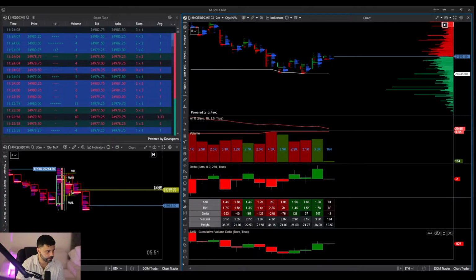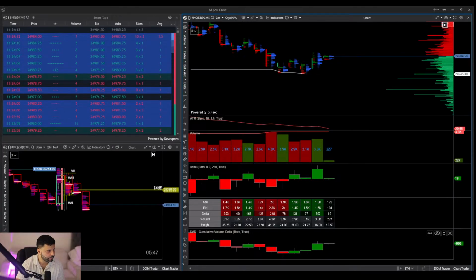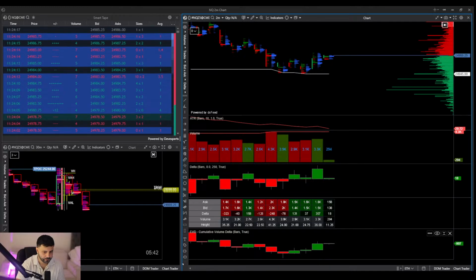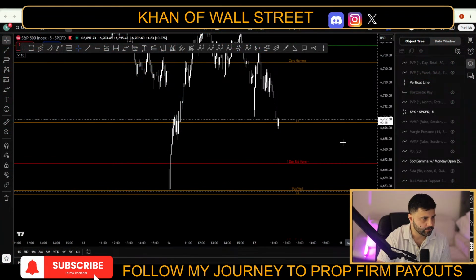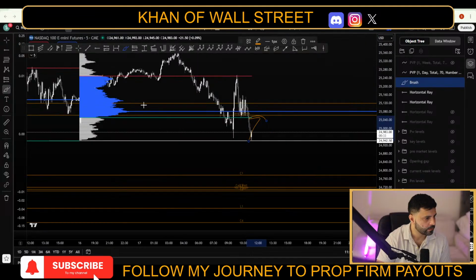So from here to here, we should get that move. So yeah, from the previous day value area low to this value area low, we should get a bounce.